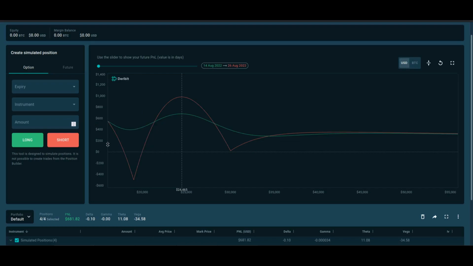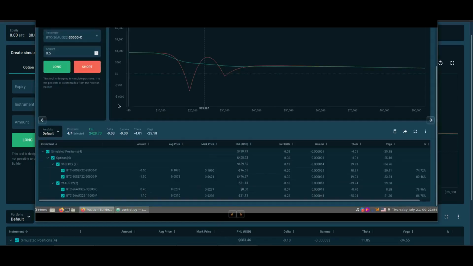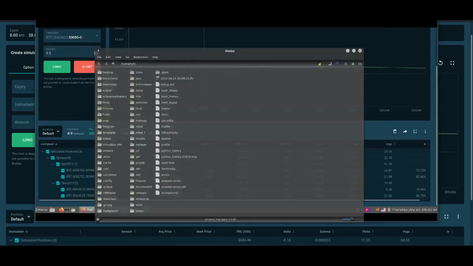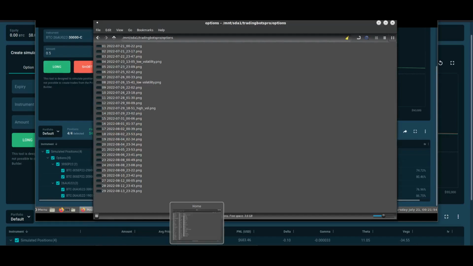It is just a paper position which I created on the 21st of July. This is the first screenshot from when this position was created.